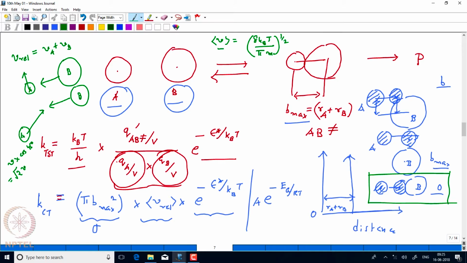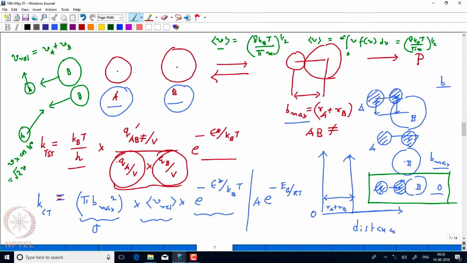You can easily calculate this average speed. You just take the speed, and since you are calculating an average, you multiply it with the probability distribution, which is the three-dimensional Maxwell-Boltzmann distribution for molecular speed, and then you integrate over all possible speeds, and that will give you this value, 8 kBT by pi m.